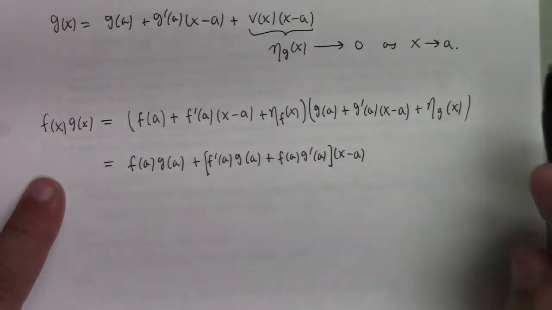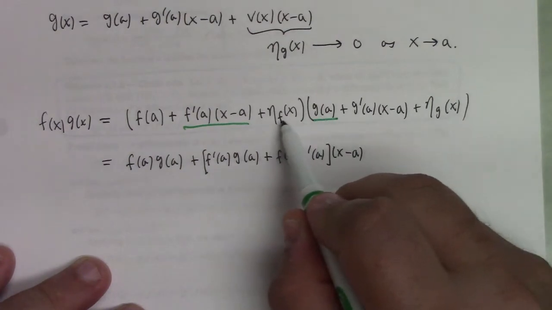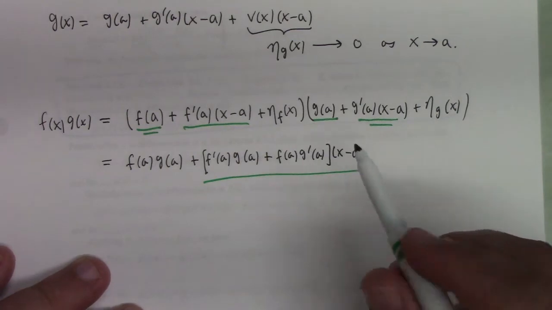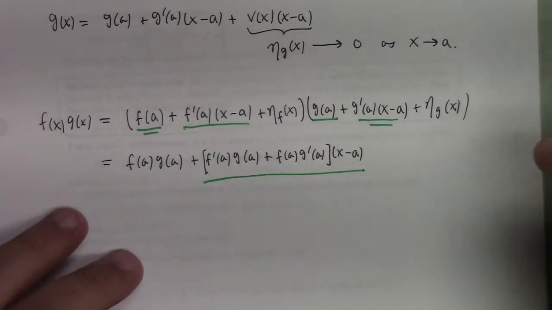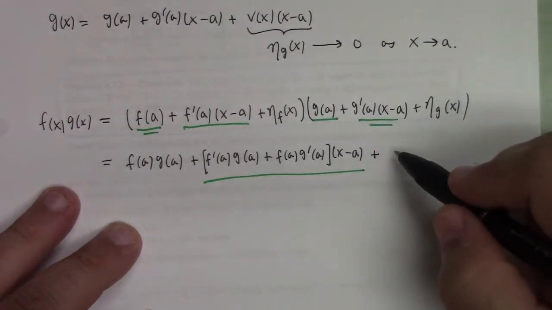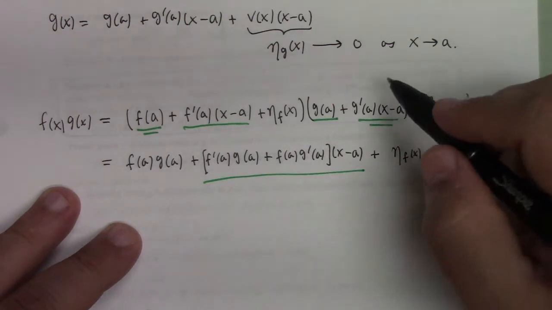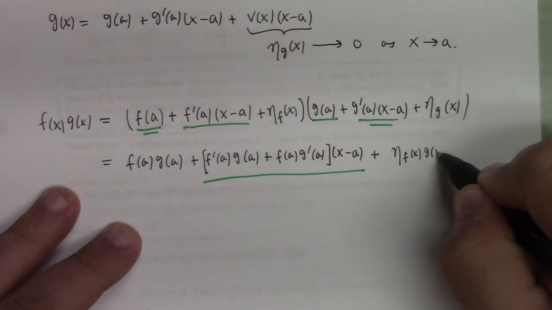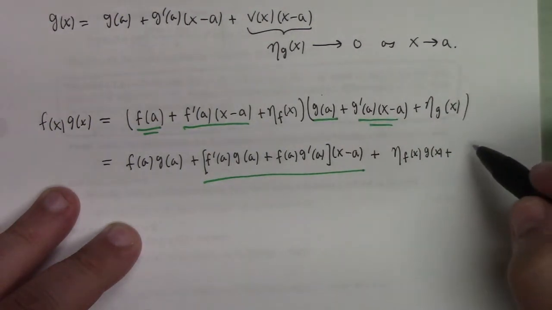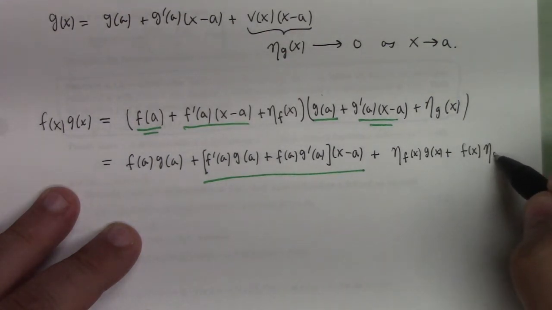So I just collected together the product of this times this and this times that to give me these terms. And then what's left? Well, plus eta sub f of x times g of x, plus, I mean this is all g of x, right? Plus eta sub f of x times eta sub g of x, right?